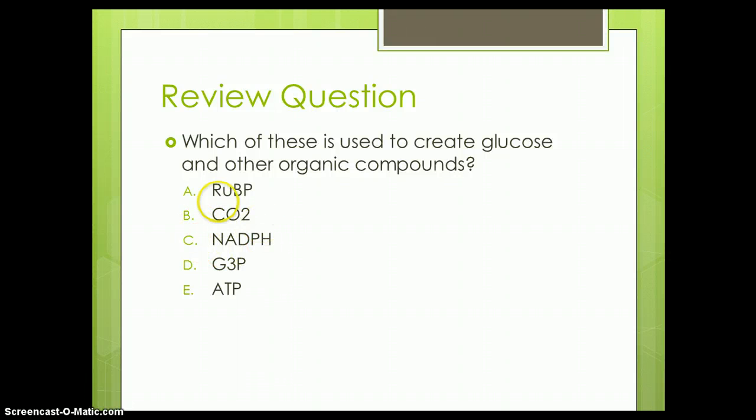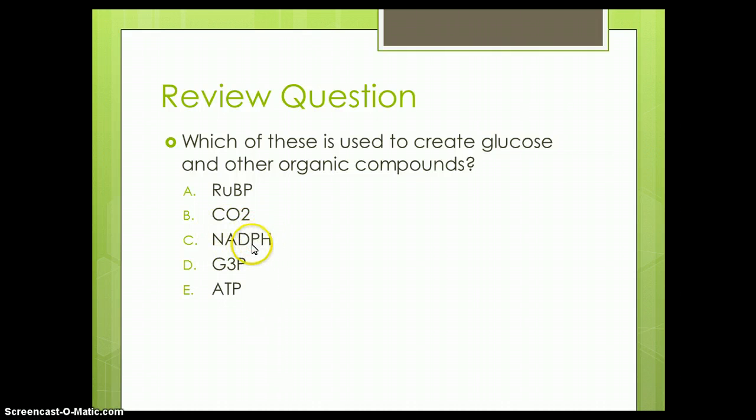Then NADPH. NADPH is what carries those electrons that are produced in the light reactions by the splitting of water. Again, that P can stand for photosynthesis. So she could ask you what carries electrons in cellular respiration or photosynthesis, and have both NADPH and NADH.